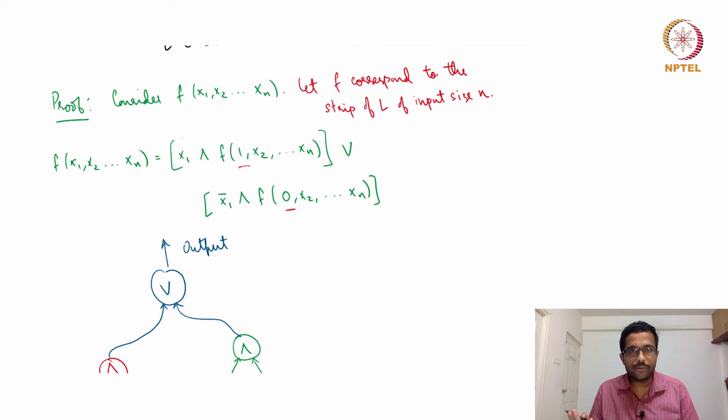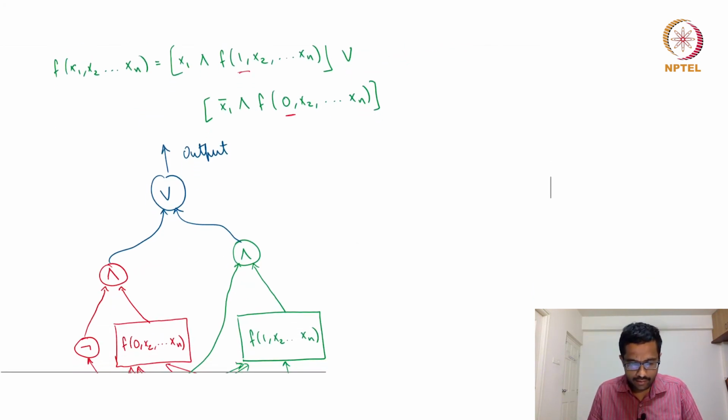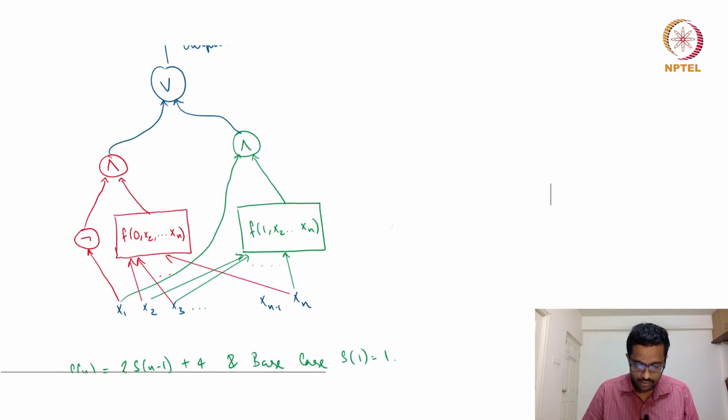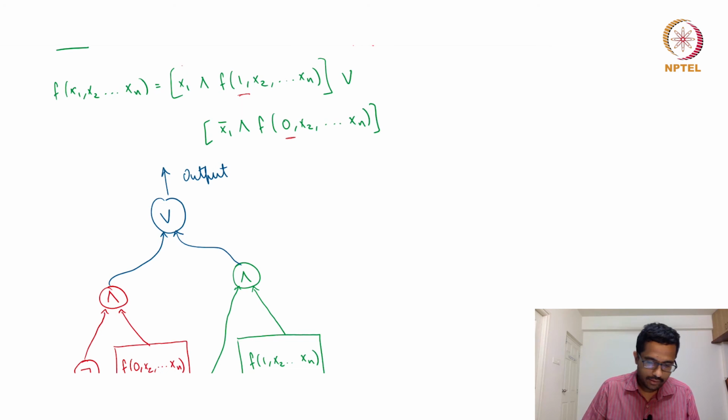Now all that we are going to do is build on this equation and rely on an inductive or recurrence relation based argument for deriving the size of f. So f is x1 and f of 1, x2 and so on, or x1 complement and f of 0 and so on.